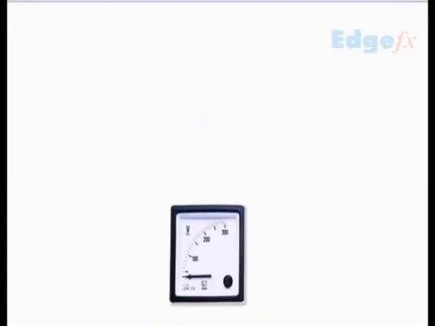Then we come to other meters like the ammeter. This is a panel ammeter, which can measure AC current. In panels we mostly measure AC. That is why the earlier one was an AC voltmeter, and this is an AC ammeter.